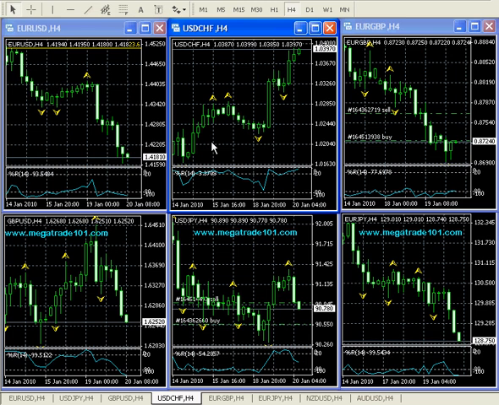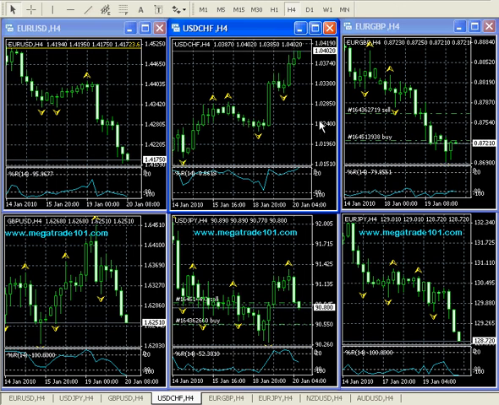So in essence, having at least 6 of the major pairs to compare the trend and prices, you would have a pretty good idea where the market would be going.